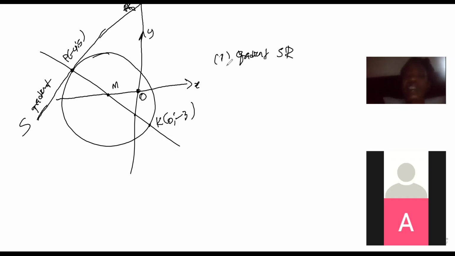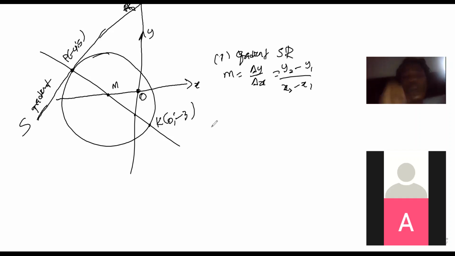So we said getting the gradient of the line, M is change in Y over change in X, which is Y2 minus Y1 over X2 minus X1. But can you see on the line SR, we are only given 1 point of contact.